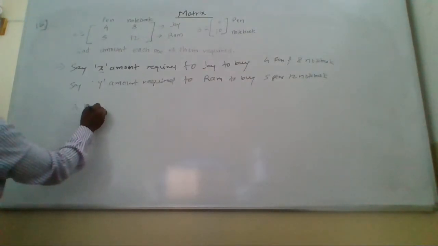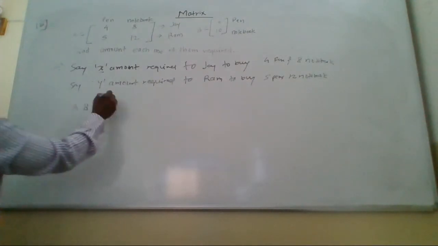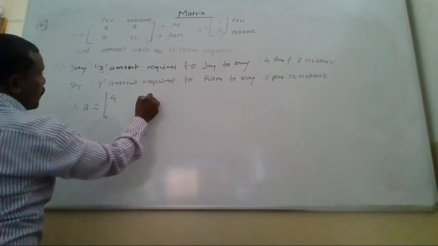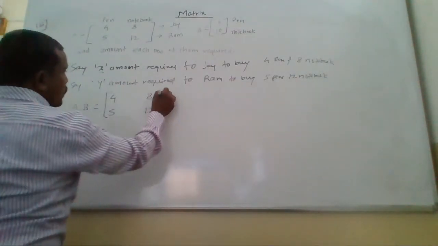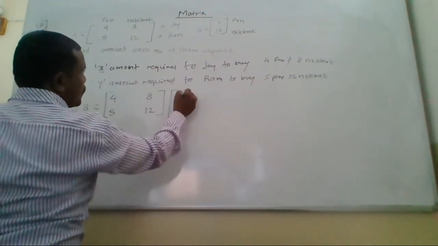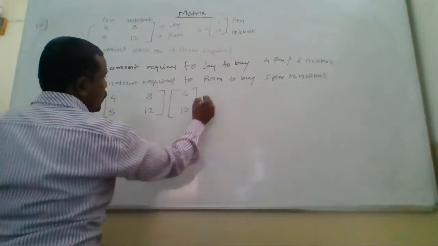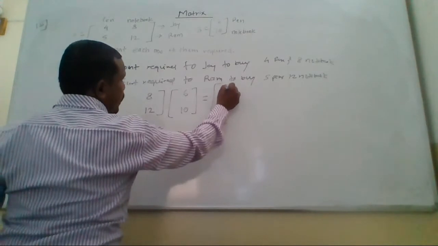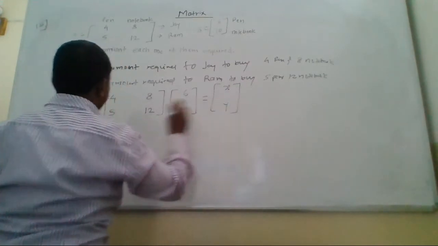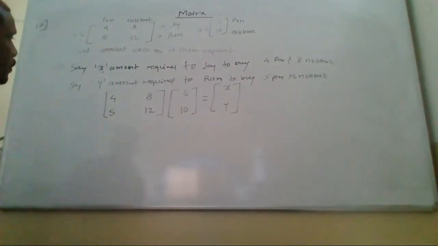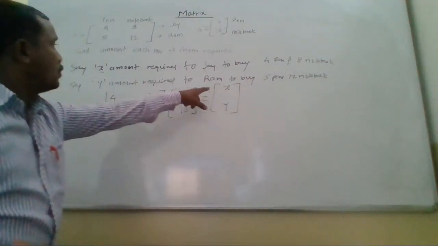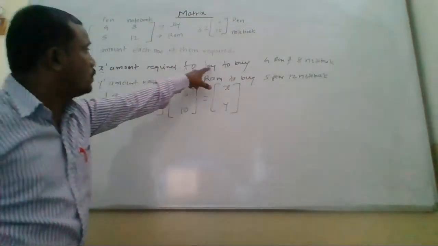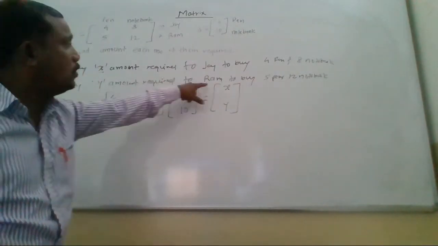So therefore A into B equal to multiplication of A into B. So 4 8 5 12 6 and 10 equal to X and Y. Means multiplication of A into B equal to X and Y. So X is the amount required to J and Y is amount required to Ram.